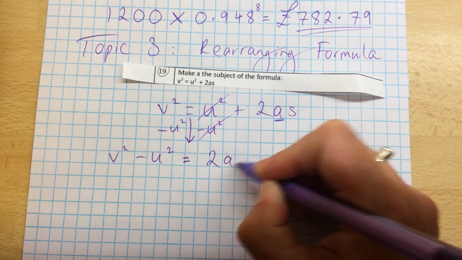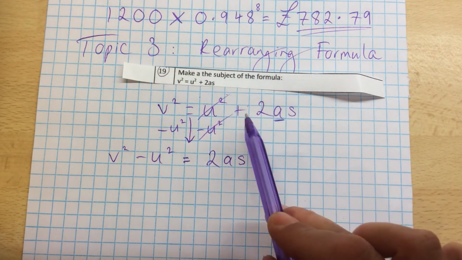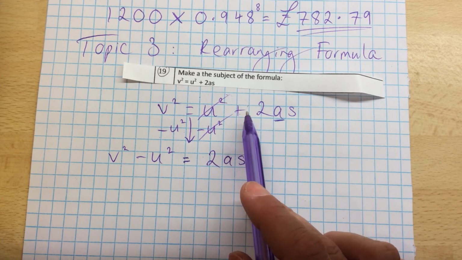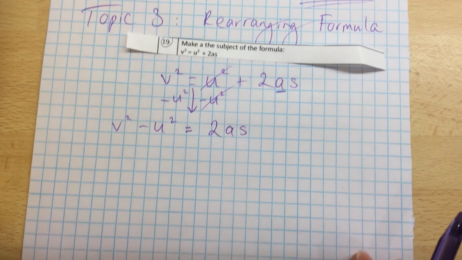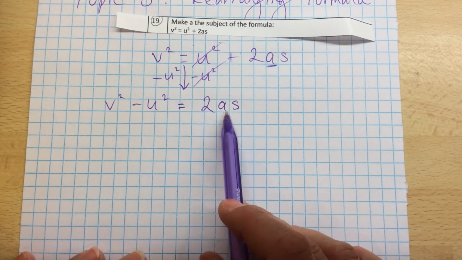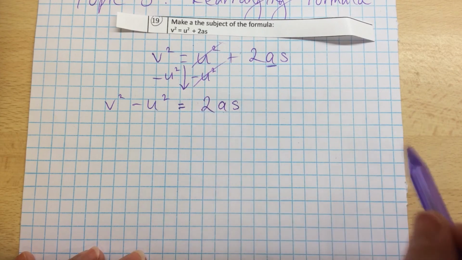So we are left with 2as. The plus is there. We don't need it. We know this is positive. Okay, so the plus has disappeared as well. Now the last step then is we need to isolate the a, so we need to get rid of the 2 and the s.